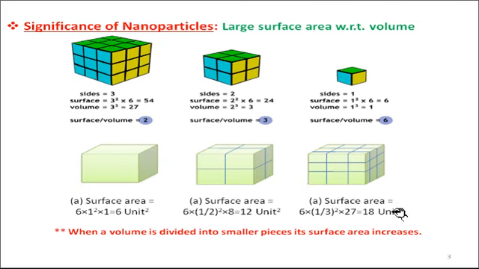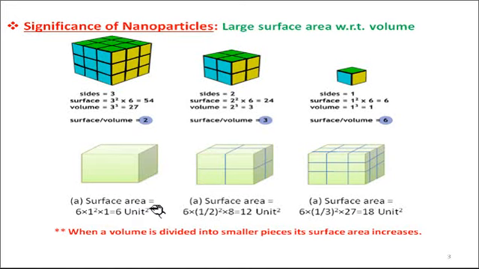So just by dividing this bigger cube, one single cube, into smaller cubes, keeping the volume the same, you are getting more surface area. That is how you can prove that smaller particles give you more surface area, and how this more surface area can be effective for various applications.